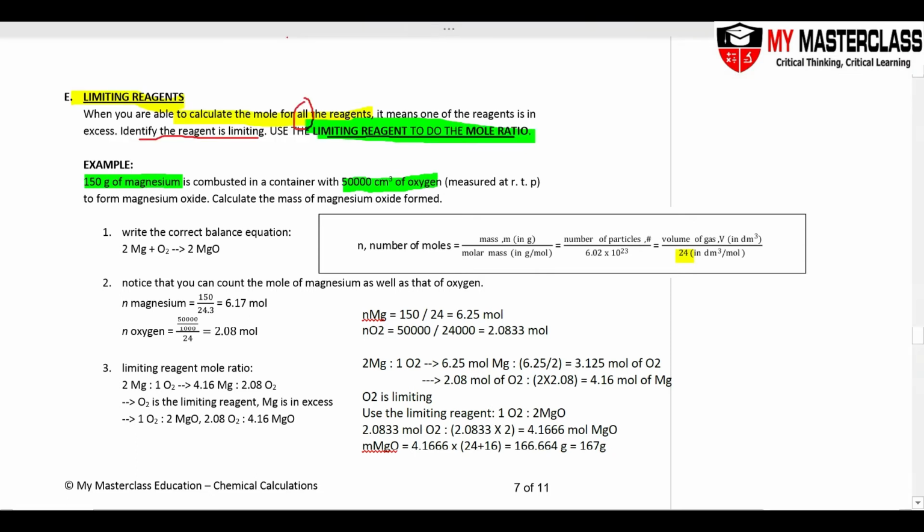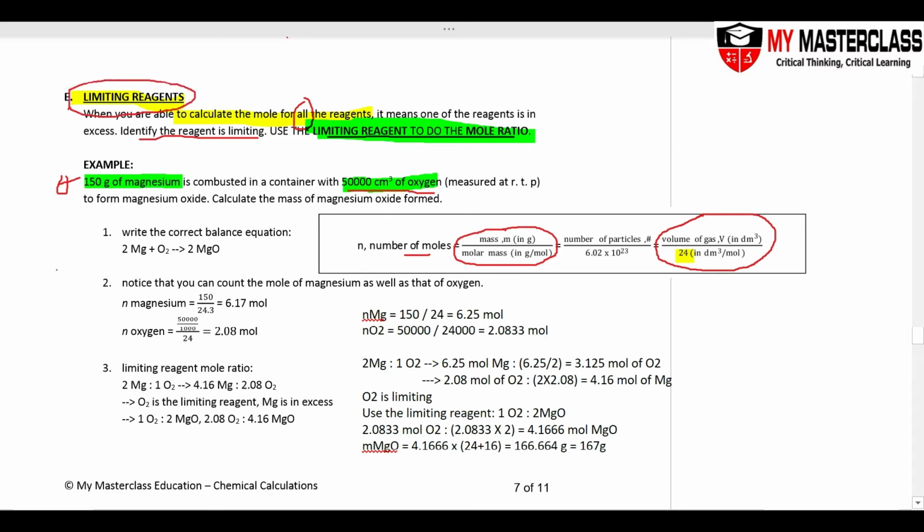With the mass over molar mass, you can find the mole of magnesium. And 50,000 divided by 24,000, you can also find the mole of oxygen. From this question, the limiting reagent is unwritten, so you have to find it.